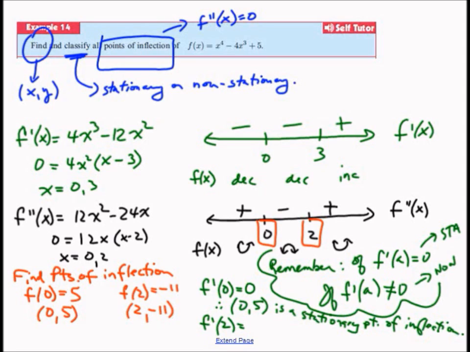That does not equal 0. It equals -16, I believe. So therefore 2, -11 is a non-stationary point of inflection. There we go. So we're using the derivative, we're using the second derivative, finding the points, and categorizing them.